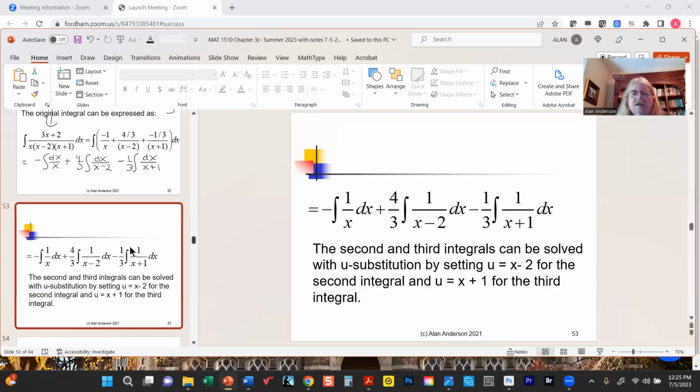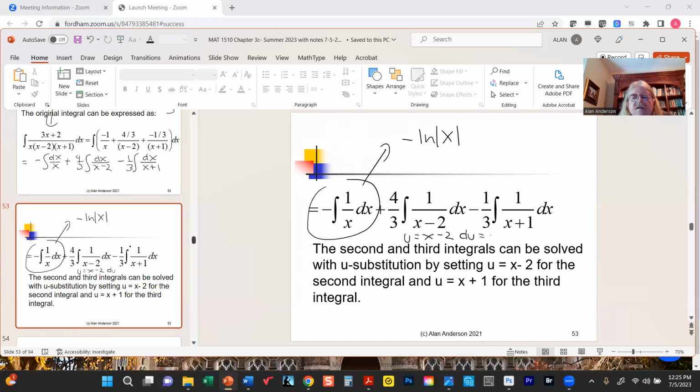Okay, so this one will just end up being, but these next 2 here, you could try, for example, U equals X minus 2. And you've already got that, you're all set.